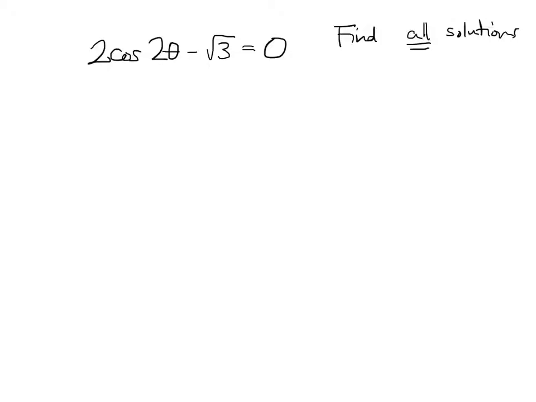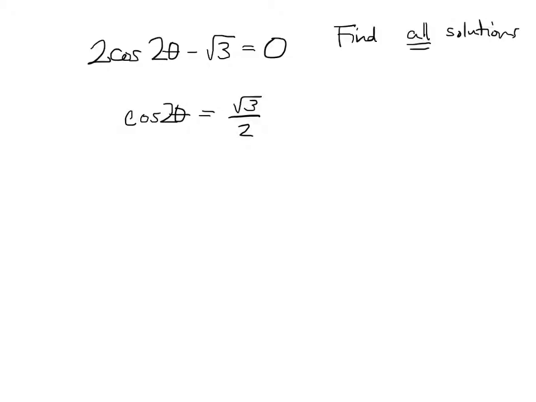We add radical 3 to both sides. So now we just go straight to cosine 2 theta equals radical 3 over 2.